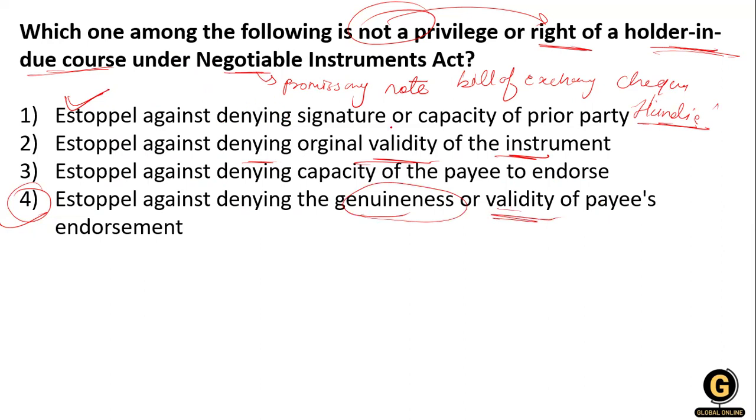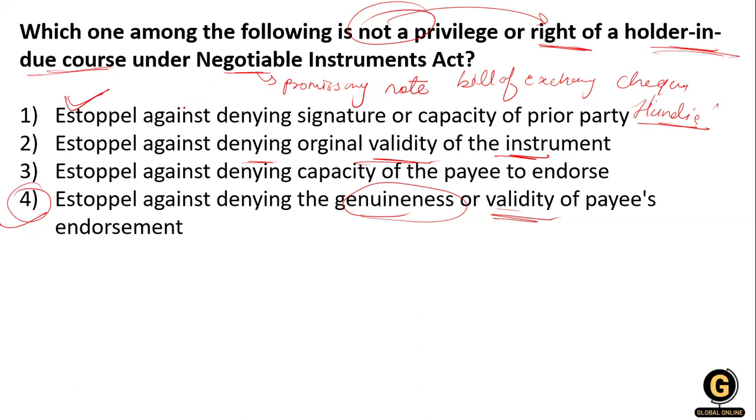First, the estoppel against denying the signature or capacity of the prior party. No endorser of a negotiable instrument shall, in a suit thereon by a subsequent holder, be permitted to deny the signature or the capacity to contract of any prior party to the holder in due course.